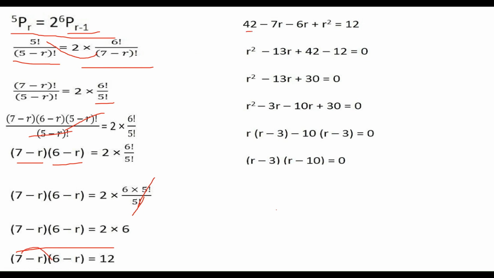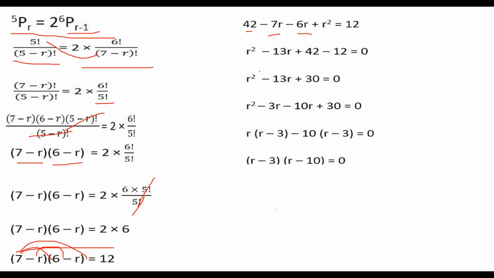We wrote it here. Next is 7 into minus r, that is minus 7r, we wrote here. The next one is minus 6r. Then the last one is minus into minus is plus sign, and r into r is nothing but r square, that is equal to 12.